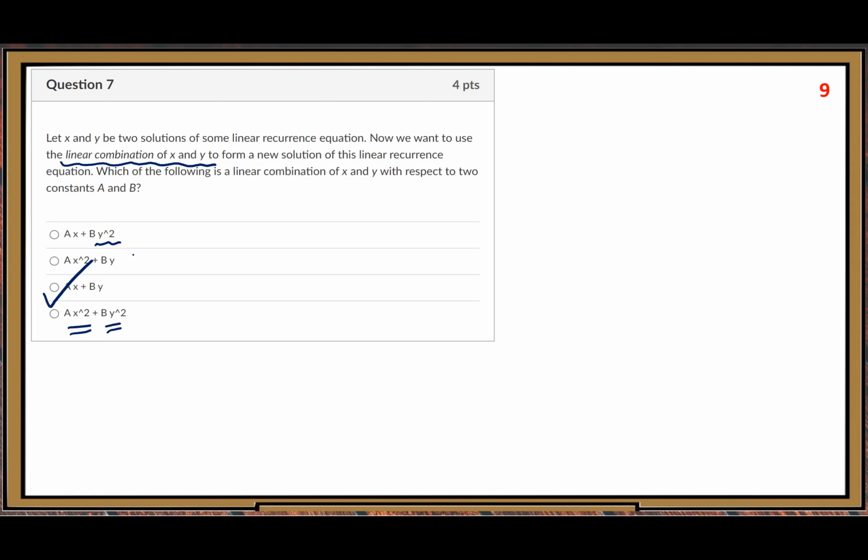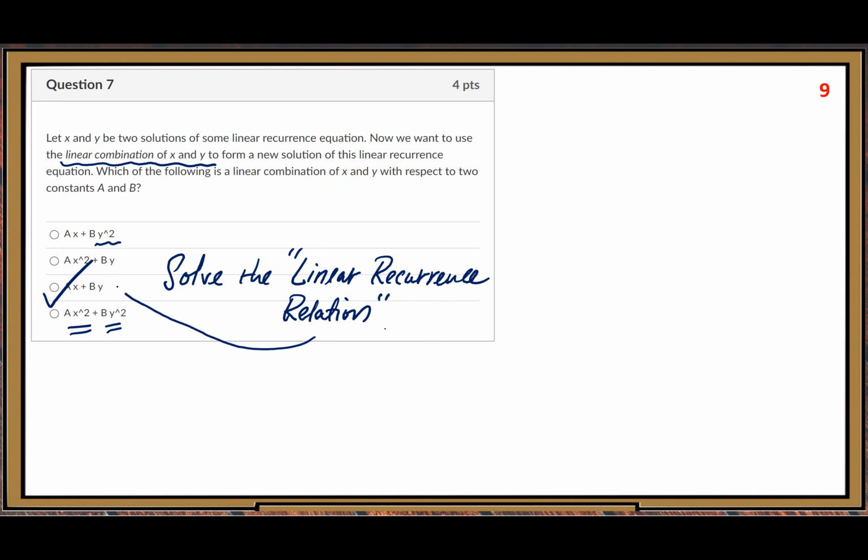And when we solve a linear recurrence relation, this type of question, we need to use this concept, linear combination of two solutions.